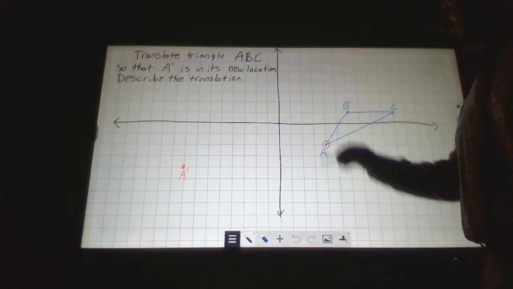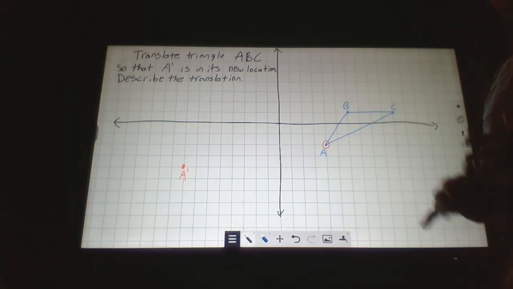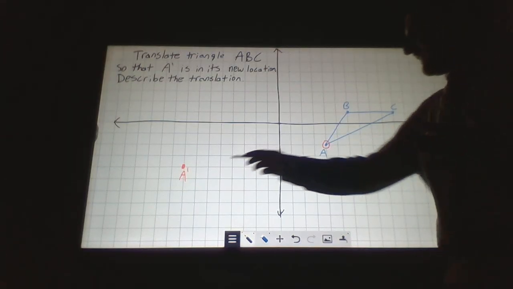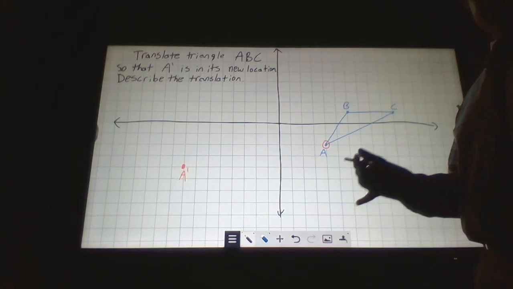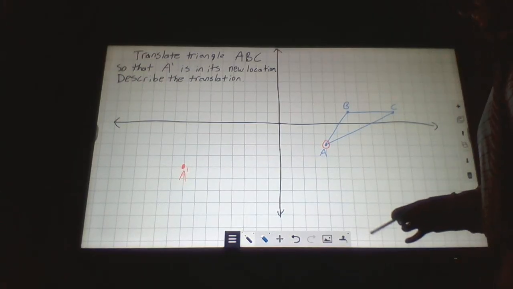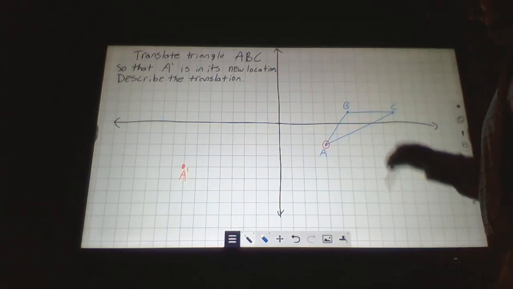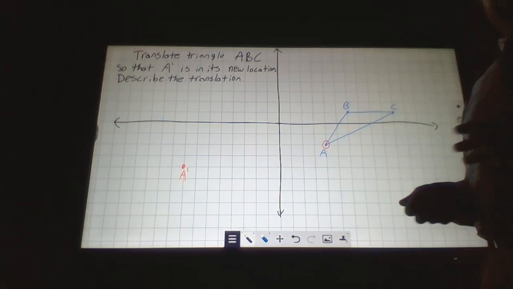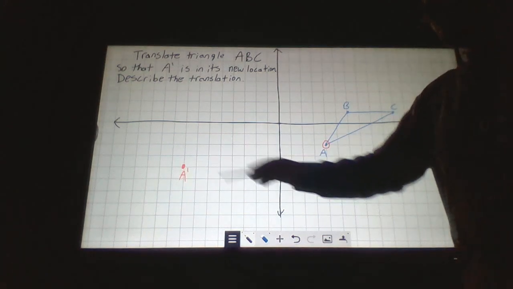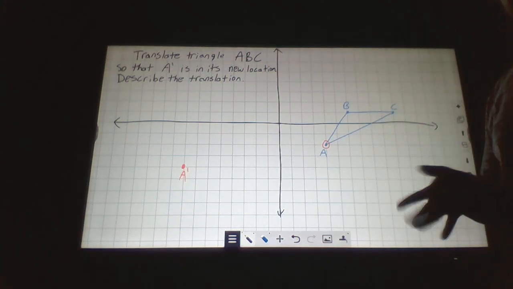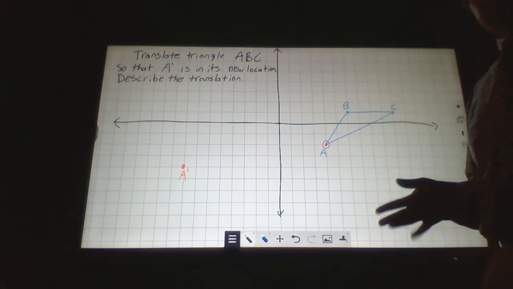Here's A in its original location. Now the key here is that A and A prime are what we call corresponding points, which means that if we want to describe the translation of the shape, all we have to do is describe the translation of A to A prime, since it's going to be the same for the rest of the shape.